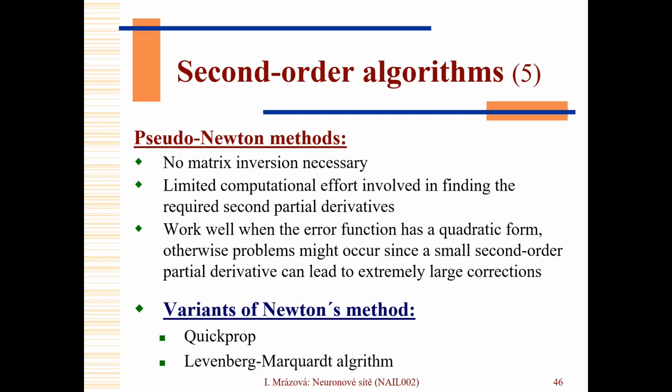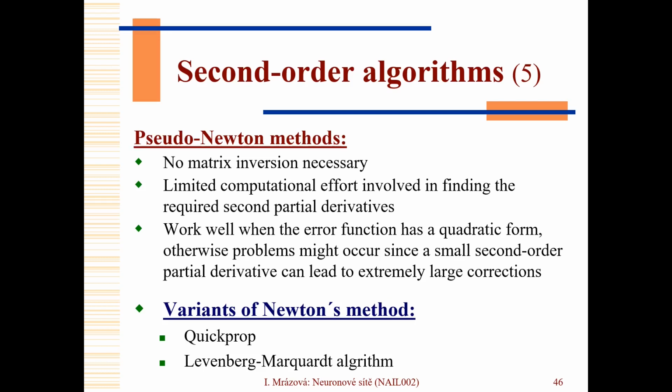So for this reason, rather simpler variants of the Newton's methods are used. We will cover here in this video two of them, the so-called Quickprop and the Levenberg-Marquardt algorithm.